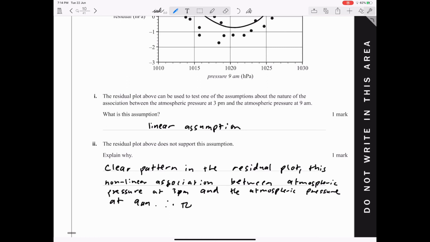Therefore, the residual plot does not support this assumption. It does not support a linear assumption. So that would be your response.